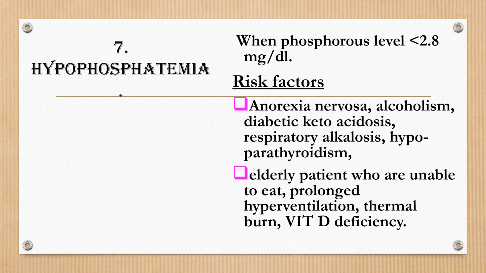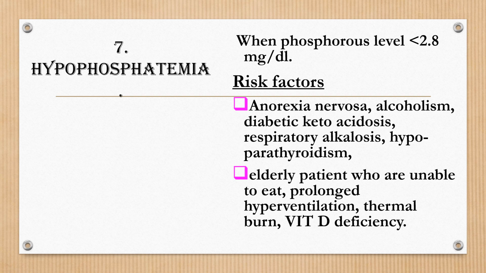Next is the imbalance in phosphate level. First of all, hypophosphatemia. Hypophosphatemia is decreased phosphate level in blood. When the phosphorus level is less than 2.8 milligram per deciliter, that is termed as hypophosphatemia.